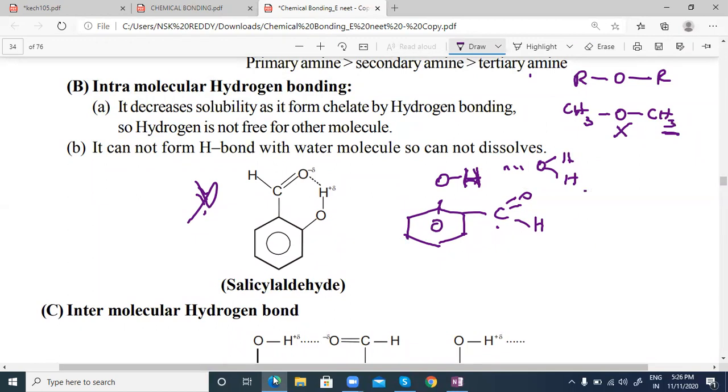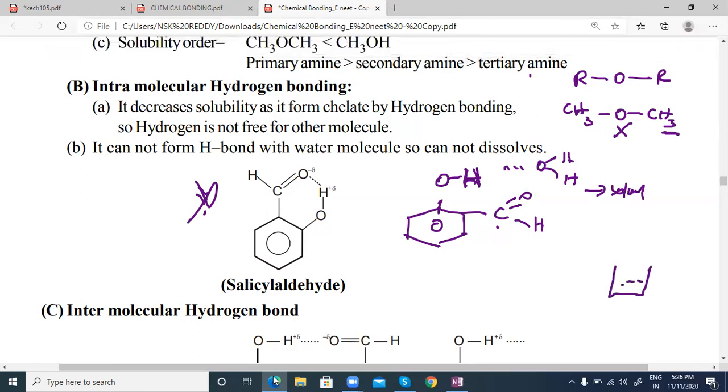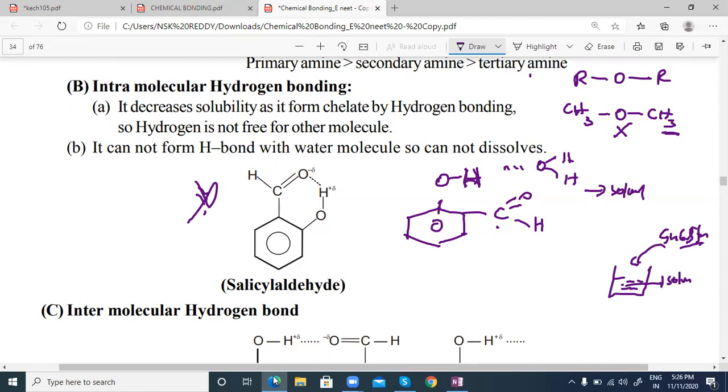The solvent is water; imagine I'm taking a beaker of water and dissolving a substance in it. Here, if the OH formed a bond with water, it could dissolve. But before that, within the molecule, the oxygen and hydrogen form a hydrogen bond. Due to this, it is not able to form hydrogen bonds with water. That's why it is insoluble.